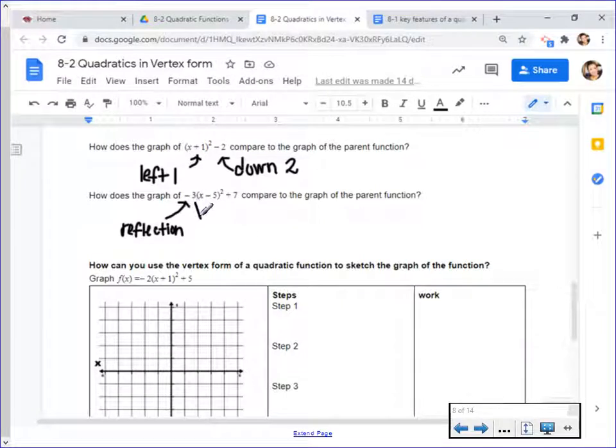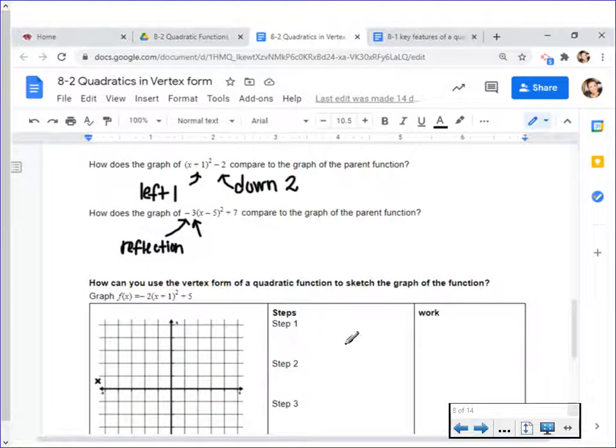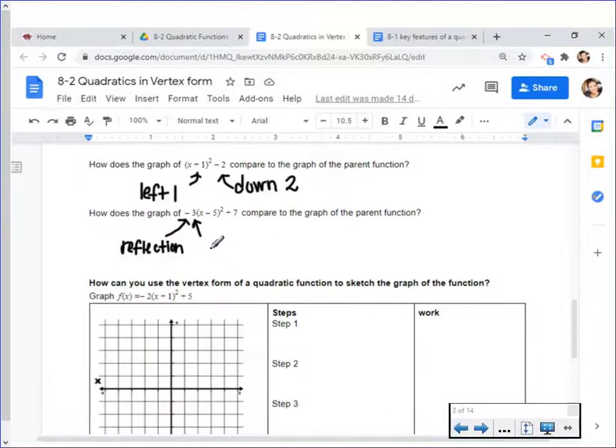The 3, since that number is greater than 1, that means, and if you go back, we wrote that down, if it's greater than 1, it's stretched or more narrow. So we're going to call that stretch.